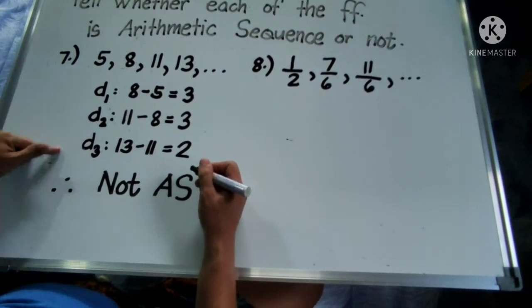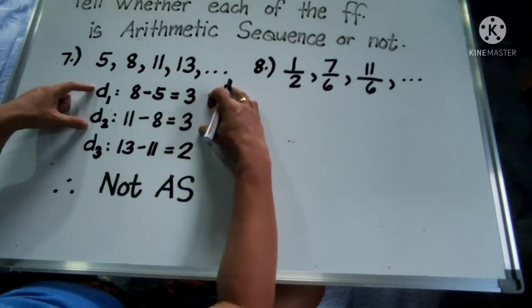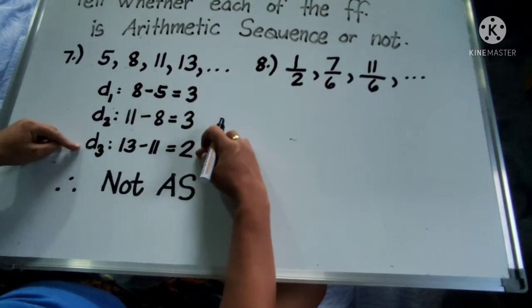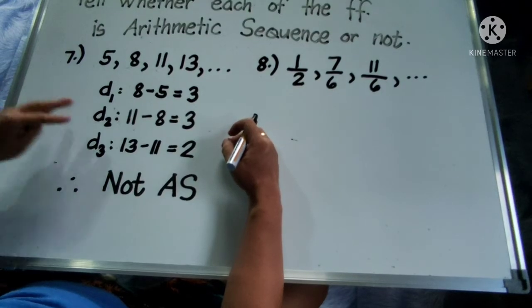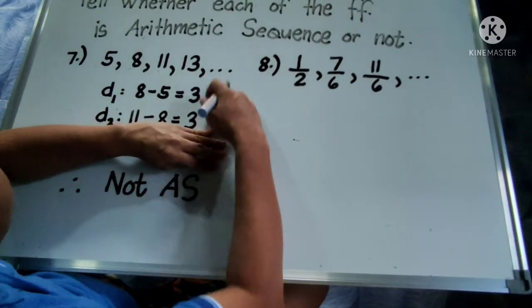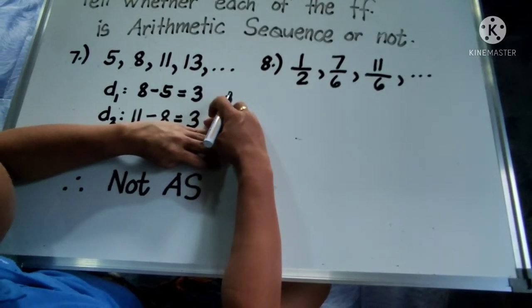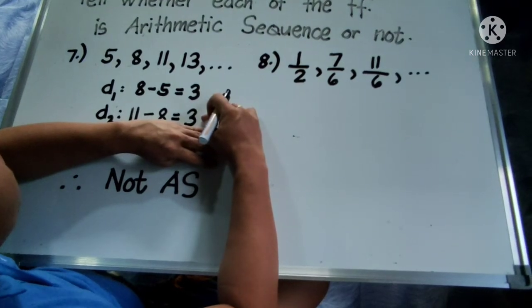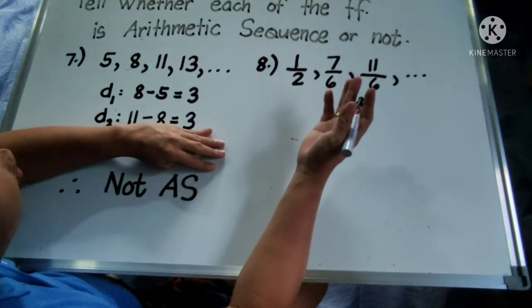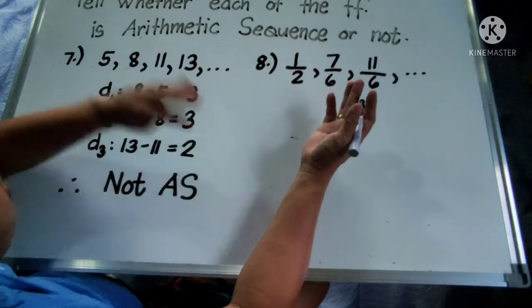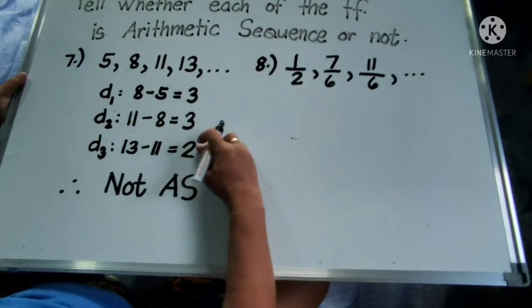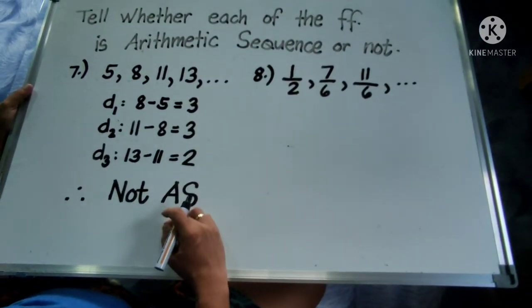Just like in this case, the first 2 differences are the same, but the third difference is different. So if you stop solving until there, you might think that the given is arithmetic. So that would give you a wrong answer if you stop. So you have to solve for all the differences before you make the conclusion.